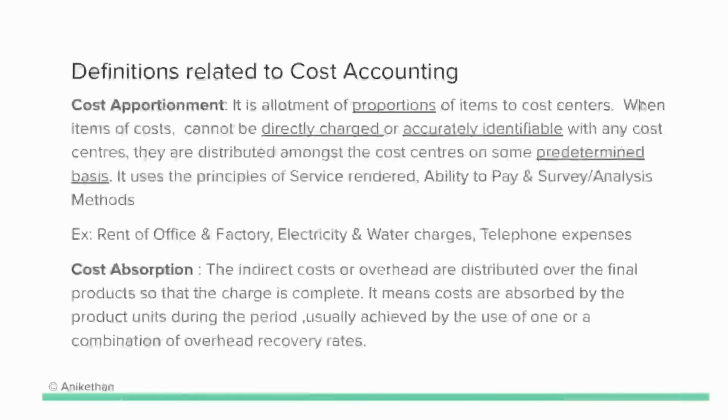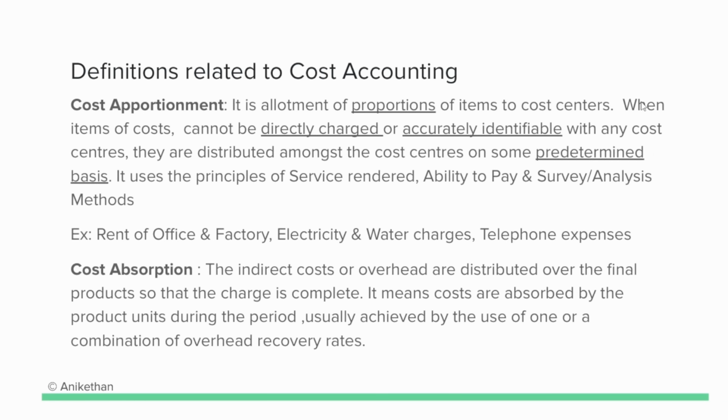Apportion means a portion of the expenses you will charge to the cost objects. By definition, it is the allotment of proportion of the items to cost centers. How do they apportion? There will be certain predetermined basis. Basis is very, very important. Please note this word.